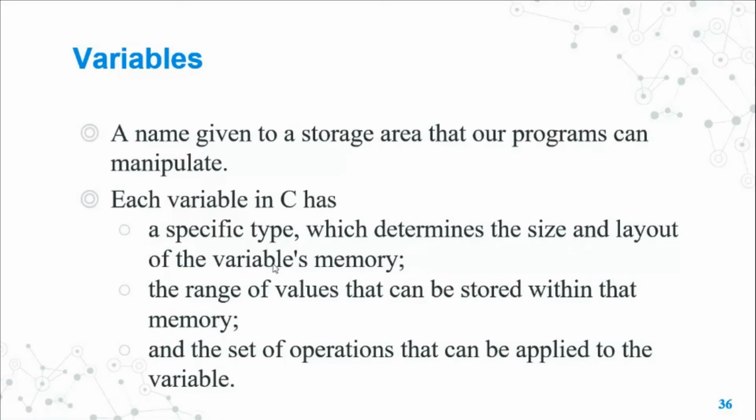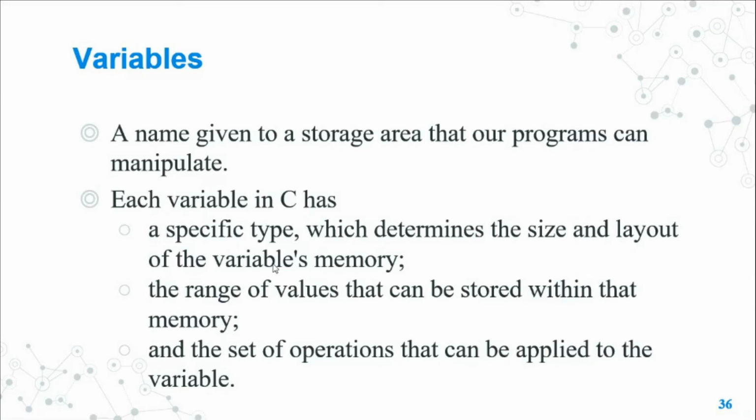If it is floating point, decimal values can also be stored by that type of variable. The third aspect of a variable is that it has a set of operations that can be applied to it. If the variable is of a numerical type, such as integer or floating point, the normal addition, subtraction, multiplication and division operations can be applied.